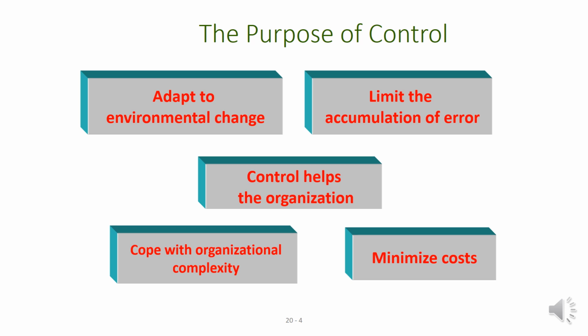Then you have to see that this control action will help the organization to improve further, and any complication in execution can be easily handled through this control, which finally reduces our running cost or working cost. These are the aspects you have to consider while doing control. This is the main purpose of control.